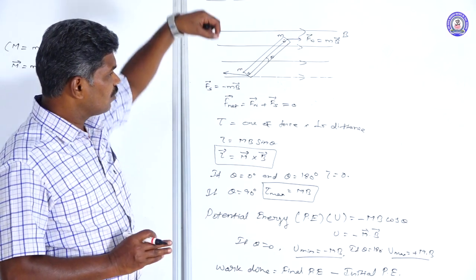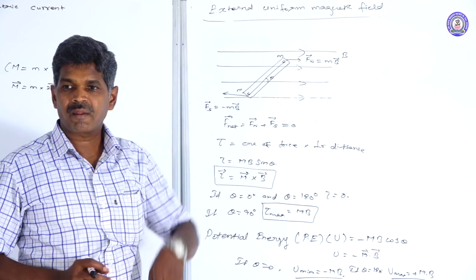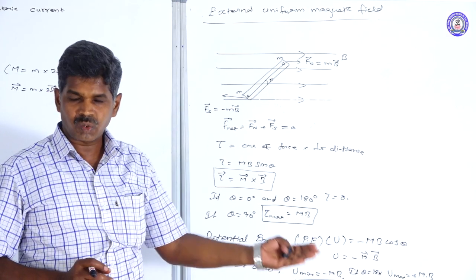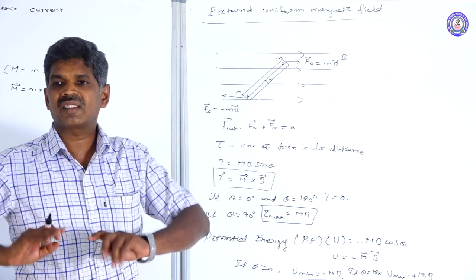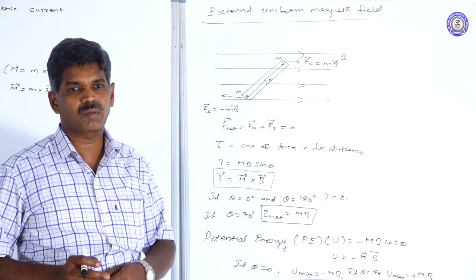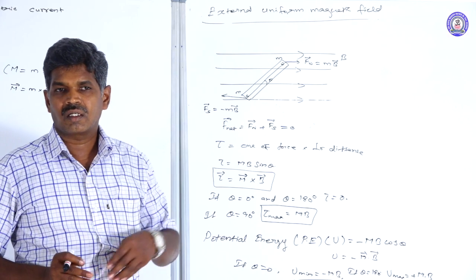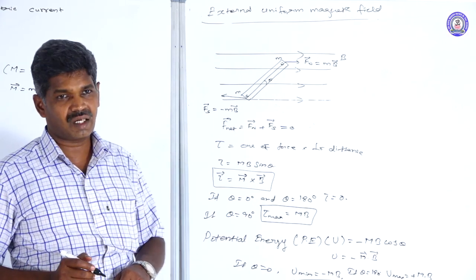Then, if initially we suspend the bar magnet in a uniform magnetic field, before it comes to rest in the direction of the field, it makes oscillations, a simple harmonic motion with a small angle with respect to the field direction. Here we have a torque.